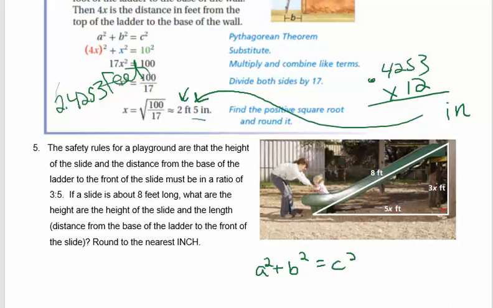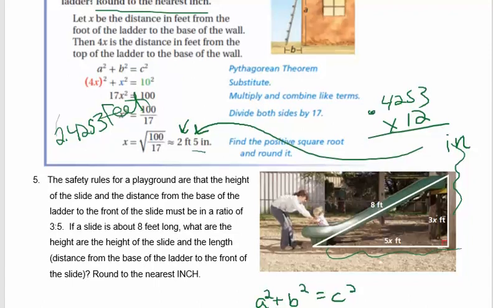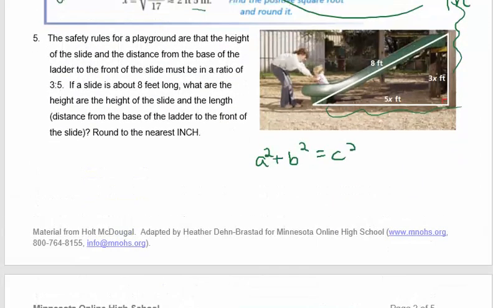If the slide is about 8 feet long, what are the height of the slide and the length of the slide? So you have to find this side and this side. And you'll do that by 3x squared plus 5x squared equals 8 squared. And solve for x, and then change it to the nearest inch.